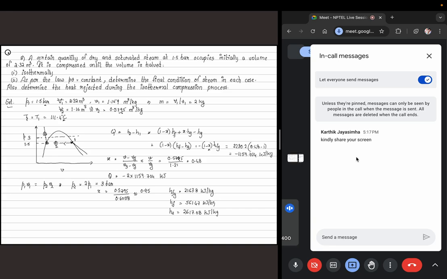So you can calculate H1 as well. You know the previous dryness fraction to be 0.48, and it is at a pressure of 1.5 bar.